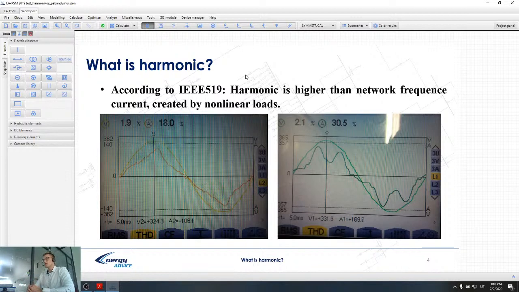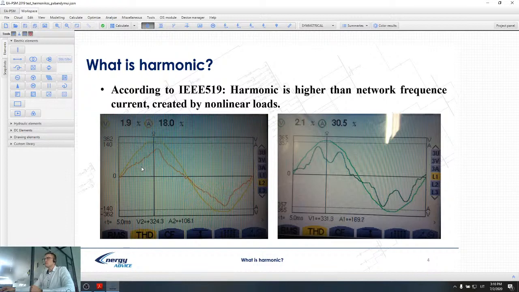However, nowadays in electrical networks, the most common source of harmonics is a variable frequency drive or inverter, for example a solar power plant inverter. This type of load generates higher frequency currents, and of course we call them harmonics, as I mentioned earlier.